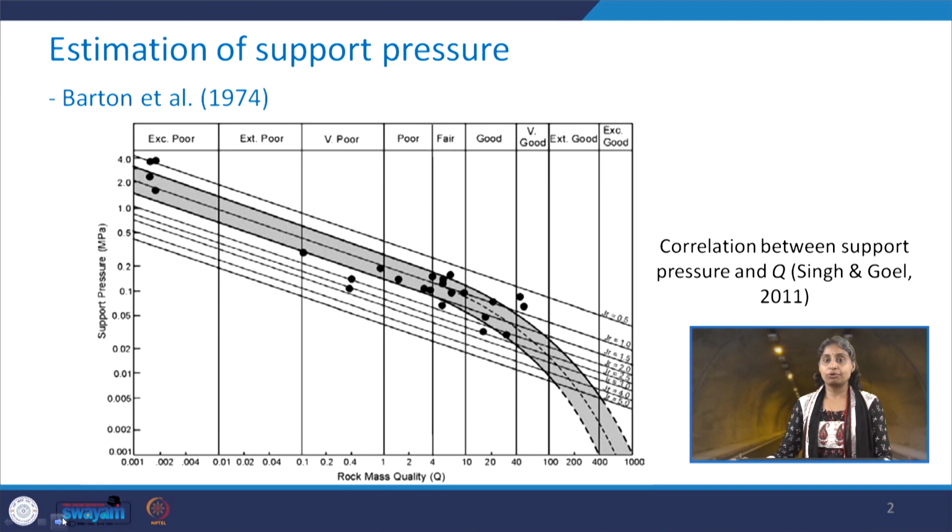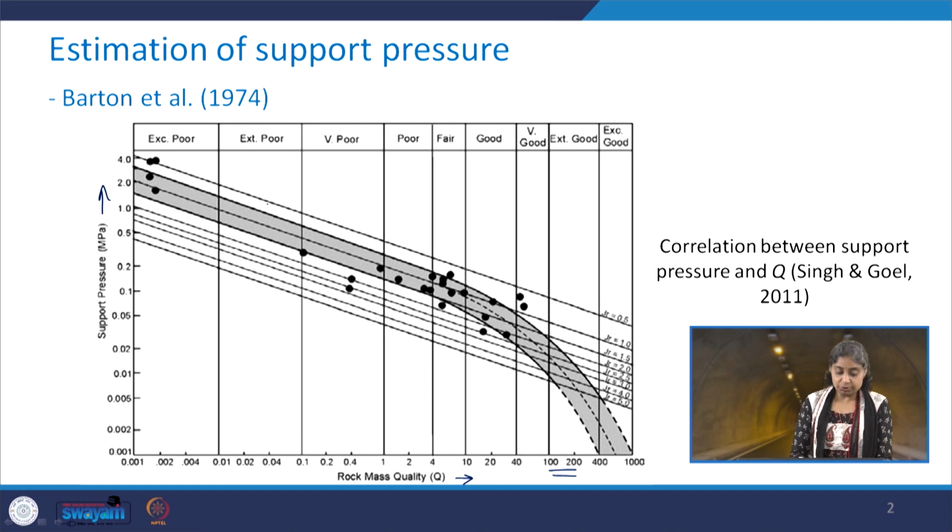Barton et al. in 1974 proposed this correlation and presented it in the form of a figure or chart, where on the x-axis they plotted rock mass quality Q, in log scale, and on the y-axis they had the support pressure in megapascal, also on the log scale.